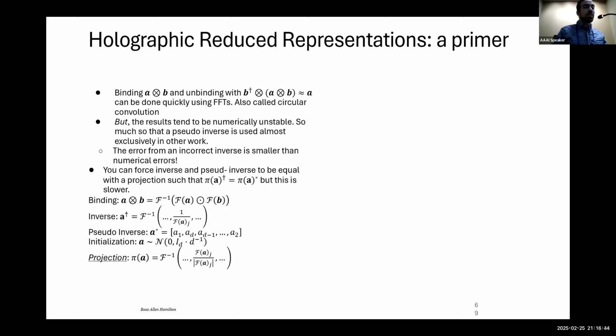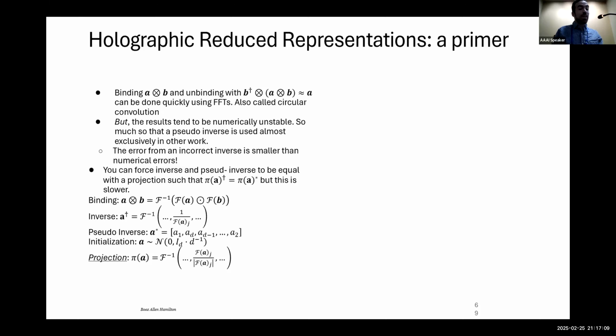The HRR, as it's called or abbreviated, has an inverse operation and a pseudo-inverse operation. The pseudo-inverse operation exists because the mathematically correct true inverse is numerically unstable. And so they came up with this clever pseudo-inverse that involves just shifting everything over by 1 that is approximately equal to the true inverse.